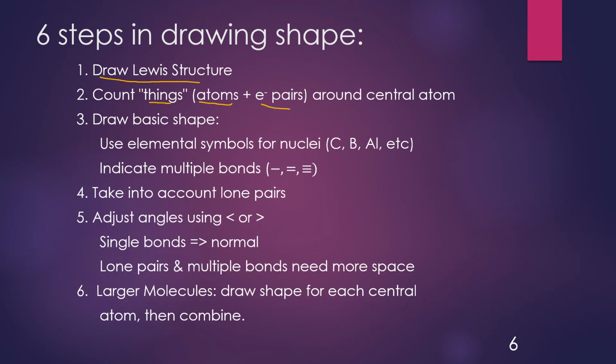Electron pairs also count as a thing. You'd want to next draw the basic shape using the element symbols and make sure to indicate if it's a single bond, double bond, or triple bond using 1, 2, or 3 lines. You always want to take into account lone pairs and then adjust angles accordingly.